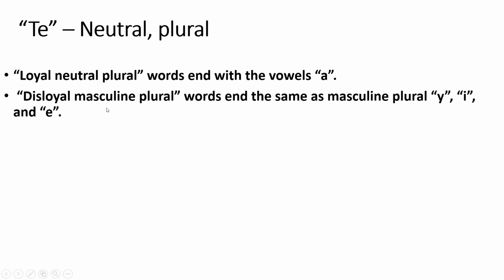Now, disloyal neutral plural words end the same as the masculine plural that we talked about before, e. These are words that were masculine when they were in the singular form, and they became neutral. It's really easy to know which ones are going to stay masculine and which ones are going to become neutral. The ones that are human, like pracownik, the worker, mężczyzna, the man, are going to be masculine plural and not neutral.